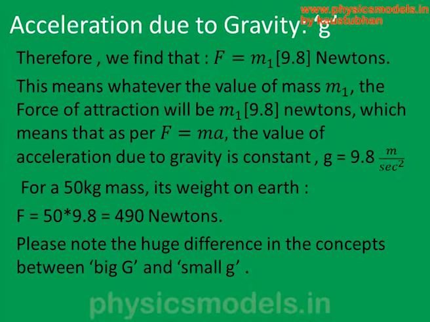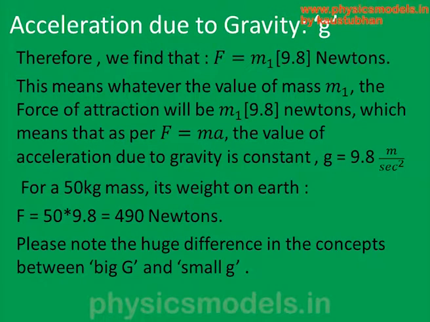Using this value of g, we can calculate the weight of any object as different from its mass. So if the mass is 50 kg, the weight is the force with which the mass is pulled towards the center of the earth. So that force is mass into g, 50 times 9.8, 490 newtons.